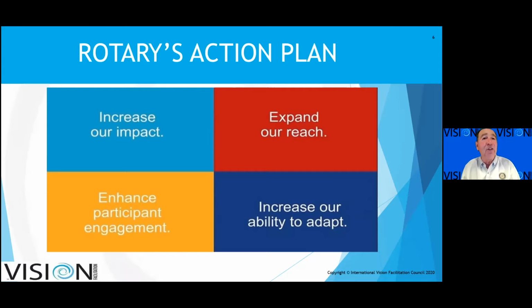Your writing exercise took you through this framework and then added the fundraiser and the foundations. Now, please raise your hand in either the participant or reaction function to answer this question. What makes Rotary's action plan important to share with your club?